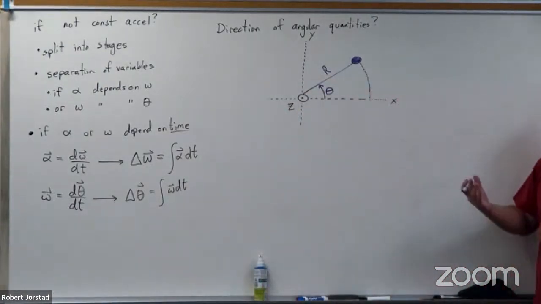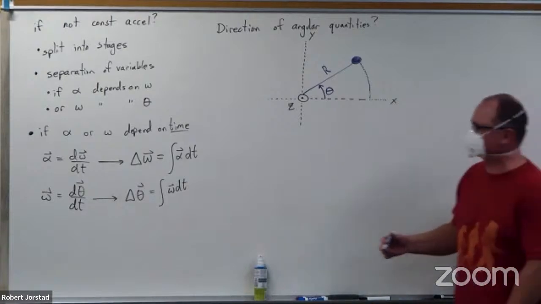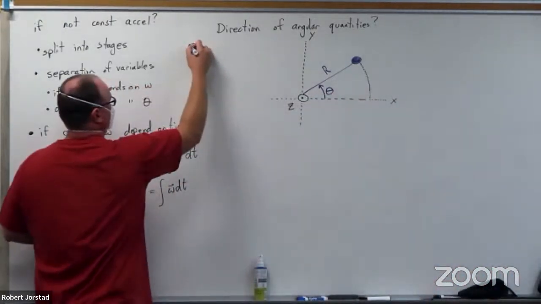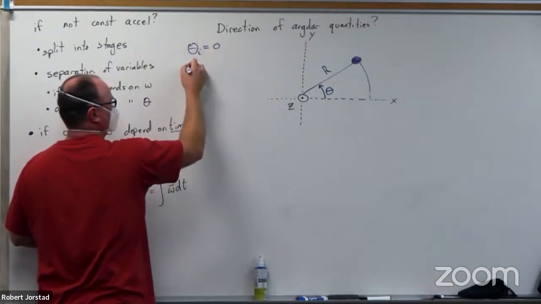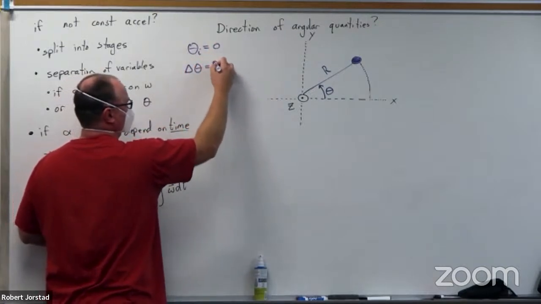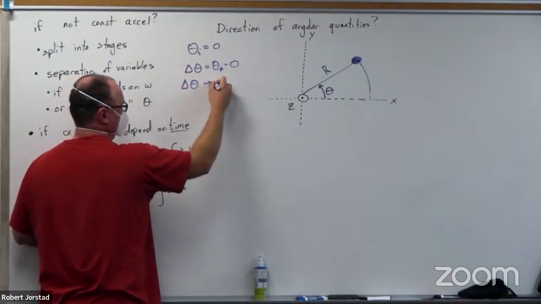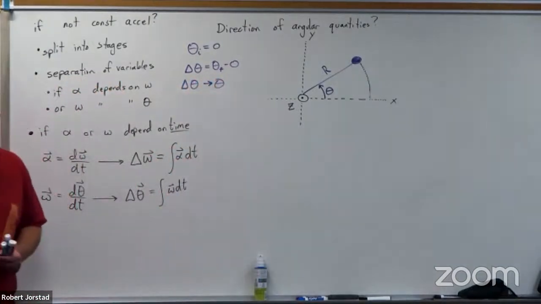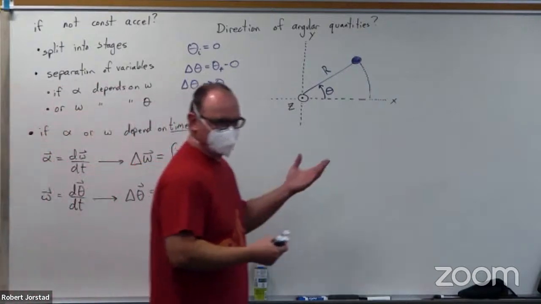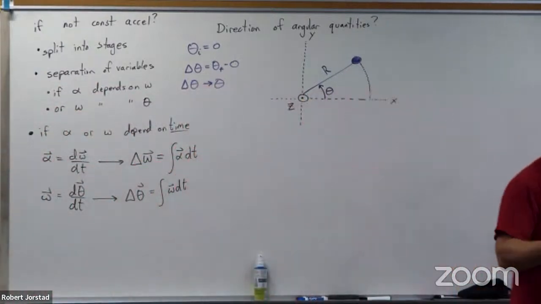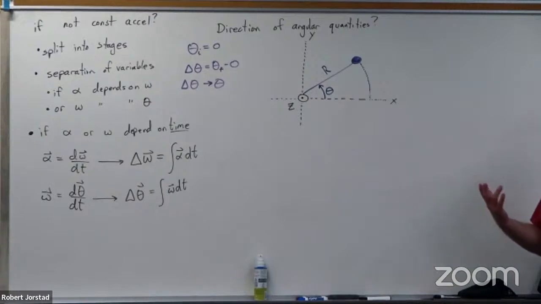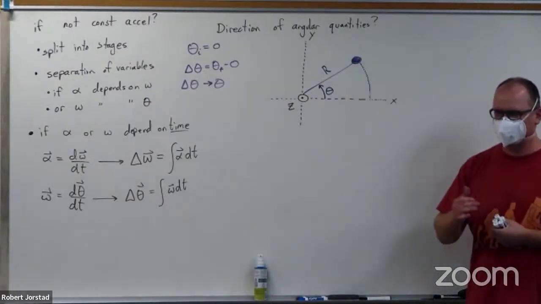You could say it's delta theta. In this problem, let's say theta initial equals 0. Therefore, delta theta is equal to theta final minus 0. So let's just say delta theta is just theta. Is everybody okay with that? A lot of times, as long as the initial angle is 0, we don't need to write delta theta. We could just write theta. Am I losing you or is this okay?